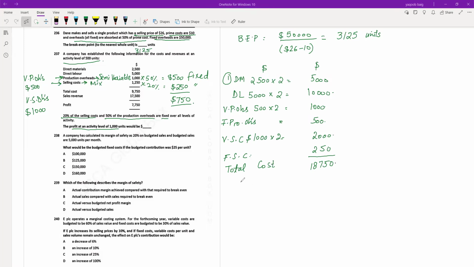Now we have sales revenue of 17,500 at a level of 500 units. At 1,000 it will be double. So minus 35,000, $16,250 will be the profit.